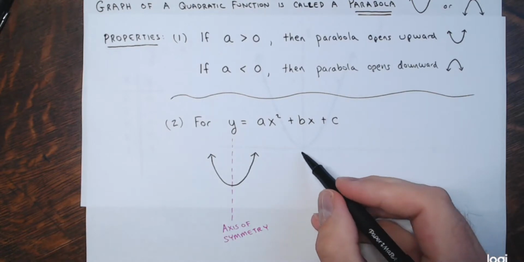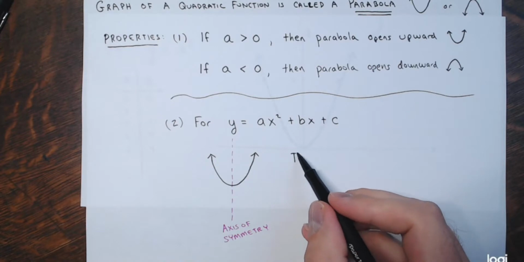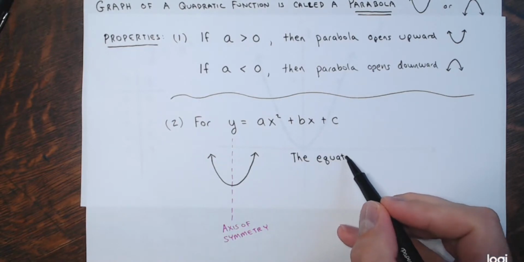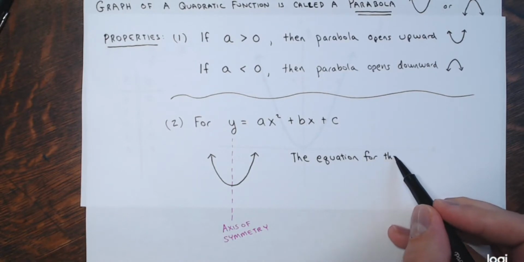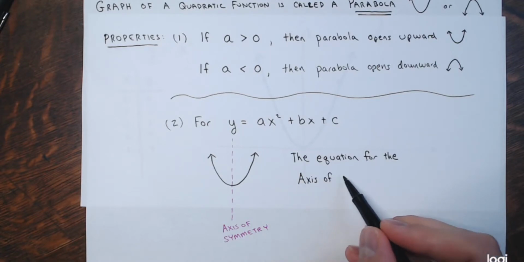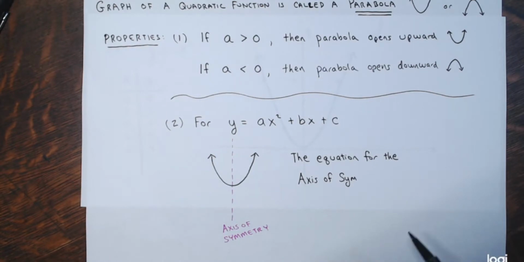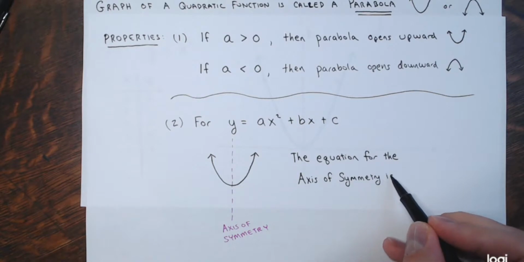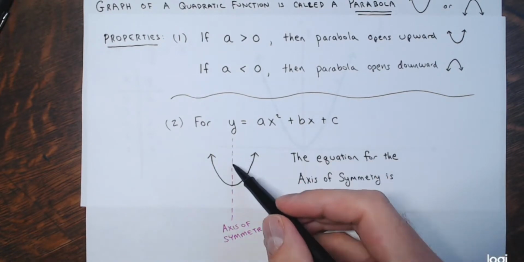The equation, right, for y equals ax squared plus bx plus c, the equation for the axis of symmetry is something I would just hopefully expect you to remember. Now it's a vertical line.